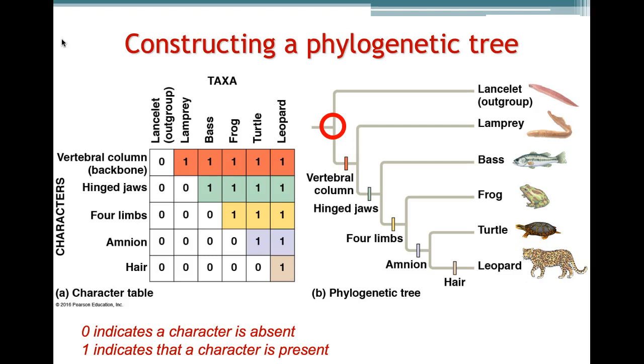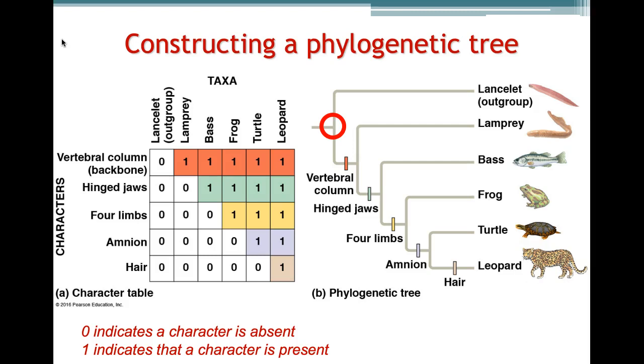The very first trait, showing that there's a vertebrae on this table, is the ancestral trait. So they all have it minus that outgroup. And then the hinged jaws, they all have it minus the outgroup and one other organism. So we're getting more specific in terms of the organisms and what characters they have.